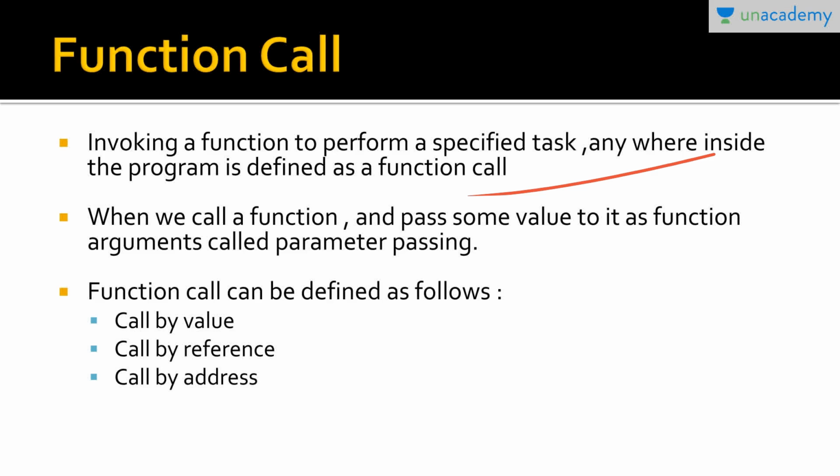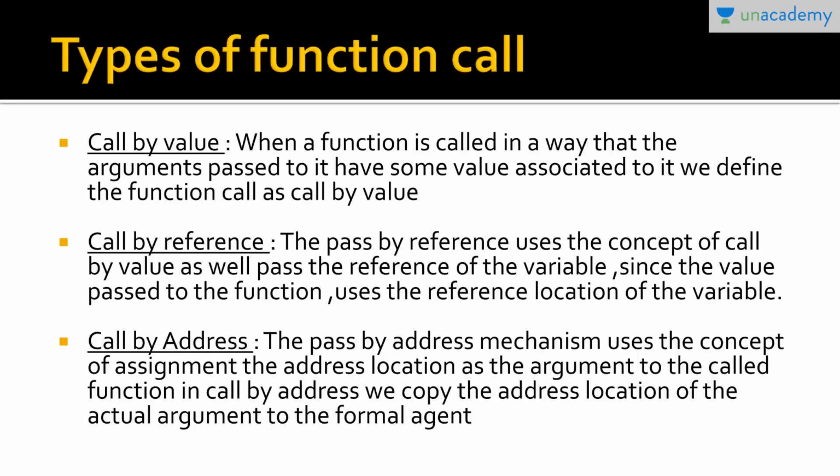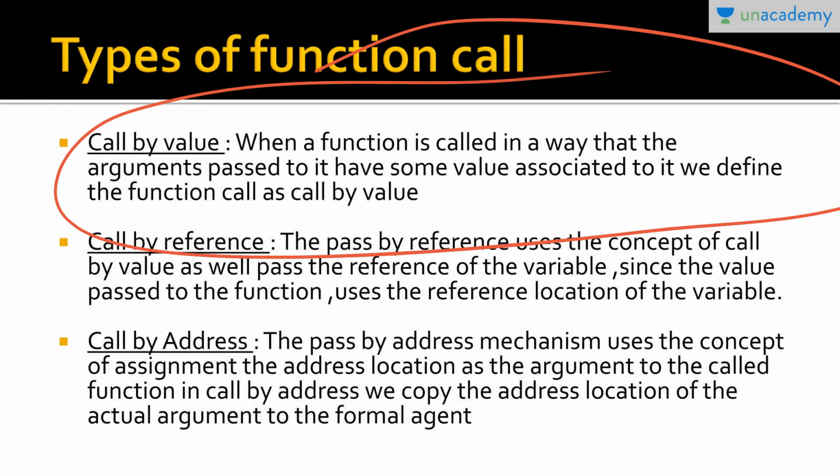Function call can be classified into three classes: call by value, call by reference, and call by address. Now we'll discuss what these exactly are. Call by value: when a function is called in a way that the arguments passed to it have some value associated to it, we define the function call as call by value.